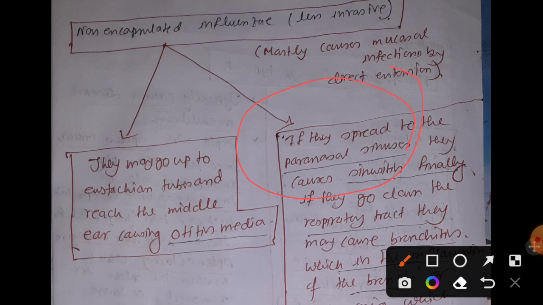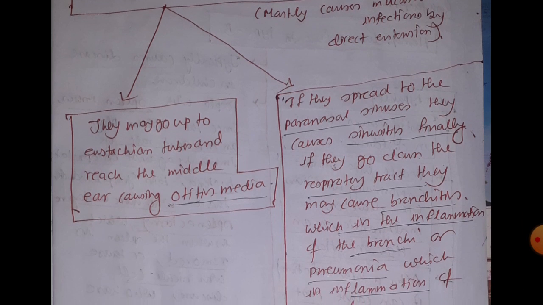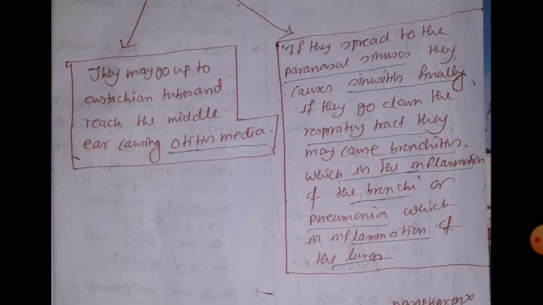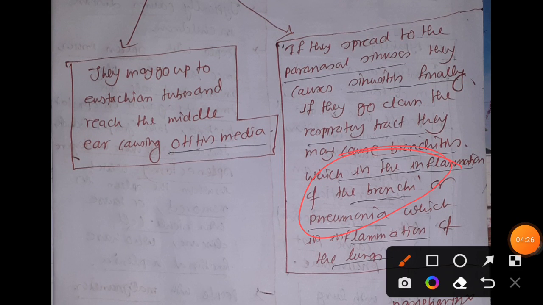They can also transfer to the respiratory tract if they go down. There they can cause bronchitis, that is the inflammation of the bronchi, and they can also cause pneumonia, that is the inflammation of the lung.